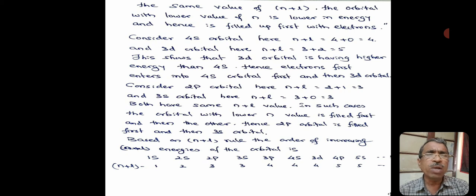Hence, the 2p orbital is filled first and then the 3s orbital. Based on the n plus l rule, the order of increasing energies of the orbitals is like this: 1s, 2s, 2p, 3s, 3p, 4s, 3d, 4p, 5s and so on, where the n plus l value is gradually increasing: 1, 2, 3, 4, 5 and so on.